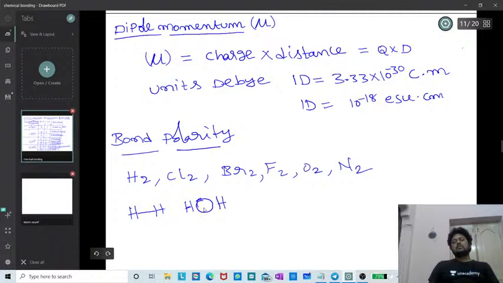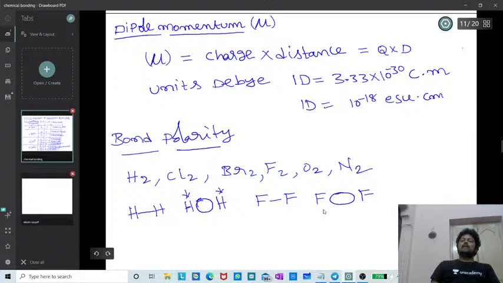Why is this electron cloud symmetrical? Because the electronegativities of the H atoms are the same, so the electron cloud does not move towards either atom. Even in F2, the electron cloud is symmetrically arranged between the two F atoms, not more towards one F and less towards the other, because both F atoms have the same electronegativity.